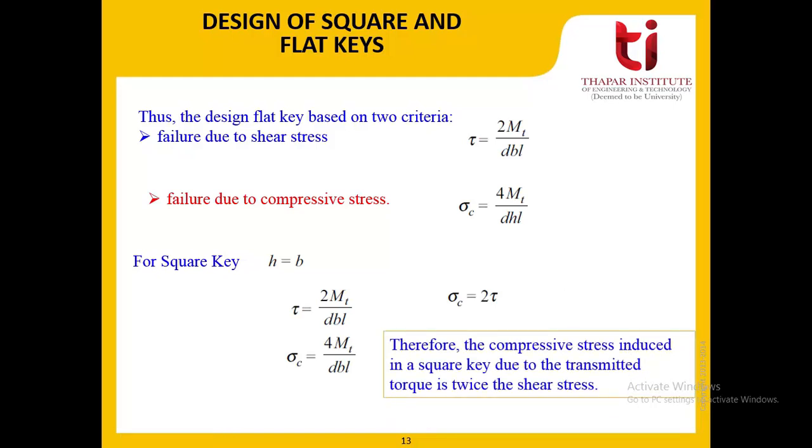Therefore, the compressive stress induced in a square key due to transmitted torque is twice the shear stress. That is one of the important observations. It means we are designing a key on the basis of two parameters: one is compressive stress, one is shear stress.